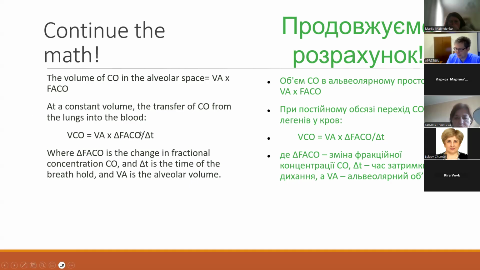Now, this change in concentration is a simplistic way of looking at it. When we measure things, we think about the partial pressure of carbon monoxide. And so there is a factor of barometric pressure minus water vapor pressure that we use to correct this. But this is a technical thing that probably doesn't matter too much for our understanding of the physiology.